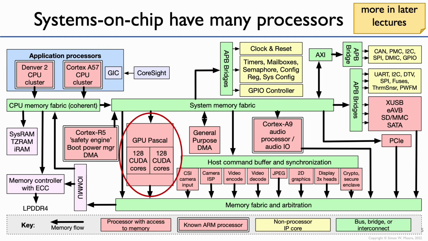But also we've got specialized devices like a graphics processing unit, a GPU, with various CUDA cores. We've got an audio processor, which is not too surprising for a mobile phone. And where we have other I/O devices, they often also have tiny processors inside them.